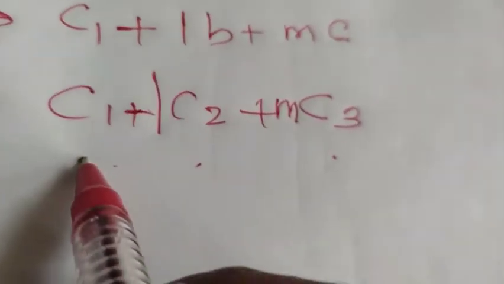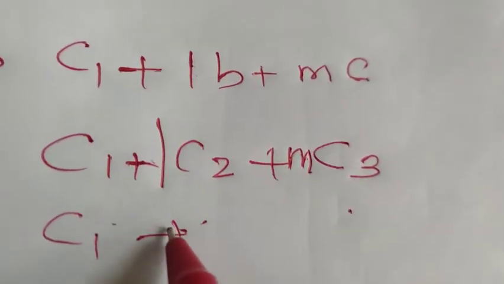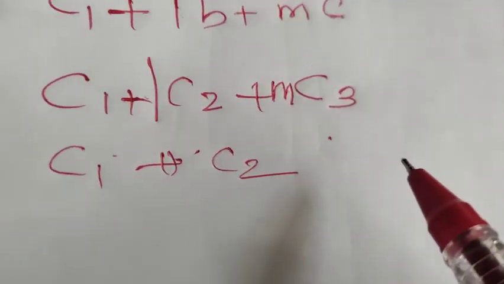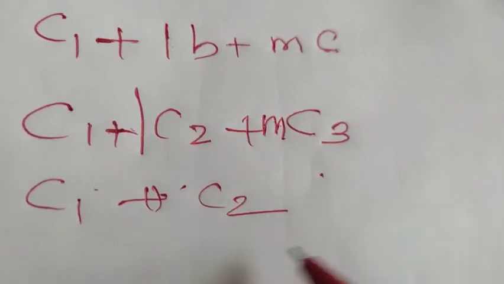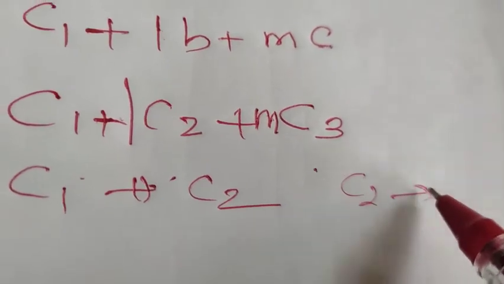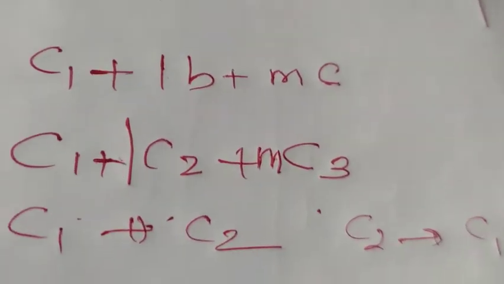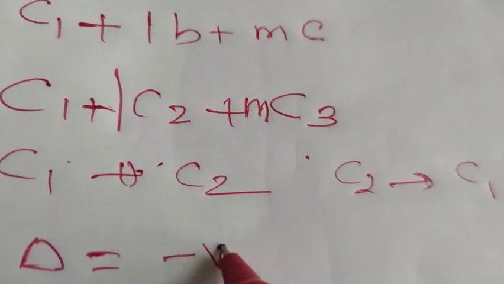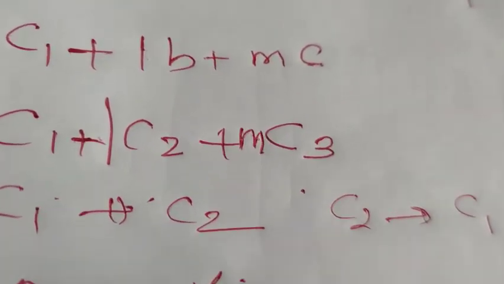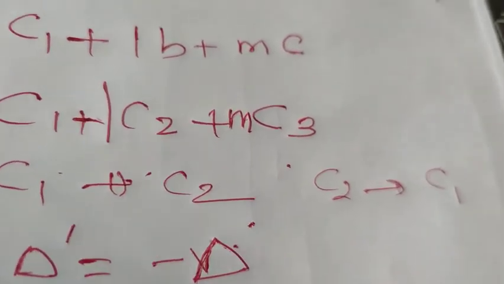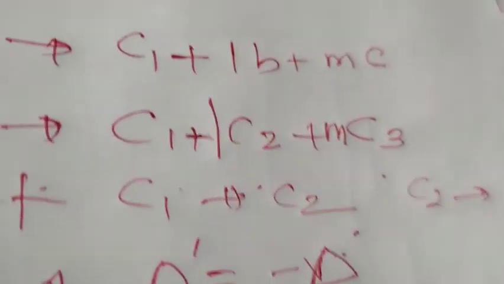If C1 is interchanged to C2, C1 changes to C2 and C2 changes to C1, then the value of the determinant delta dash is minus of delta. So like that, columns also the same.